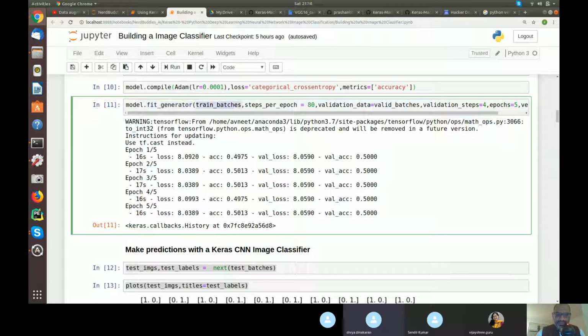We're giving it the folder related to train batches. We have 800 images, and we told it to take 10 images in each iteration. So all we're doing is taking the total number of images, which is 800, and dividing it by 10.